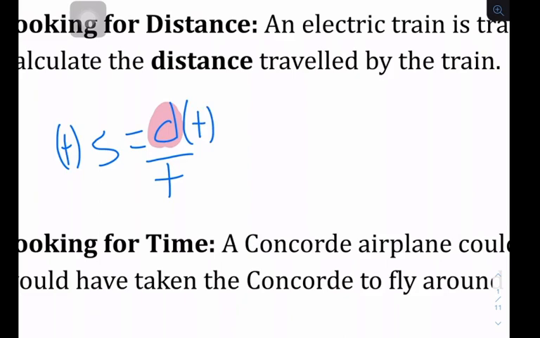Why do we do that? Because t divided by t cancels. That would leave us with the distance by itself. And so speed times time is equal to the distance.